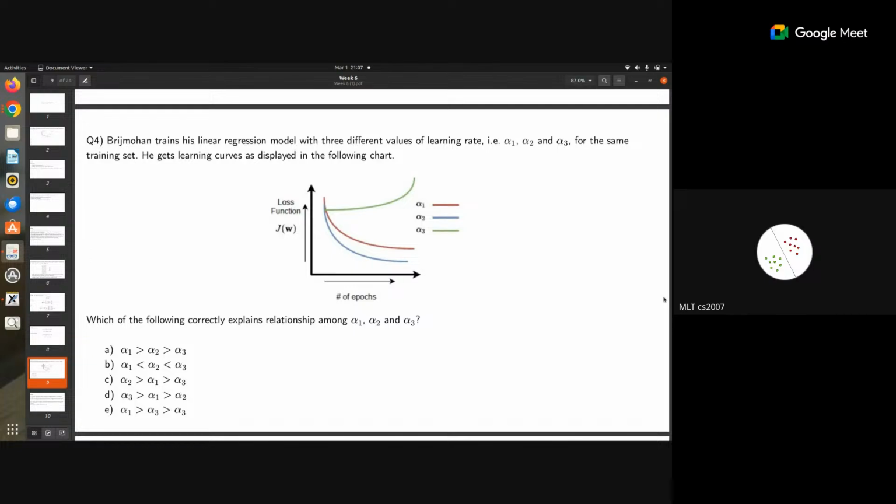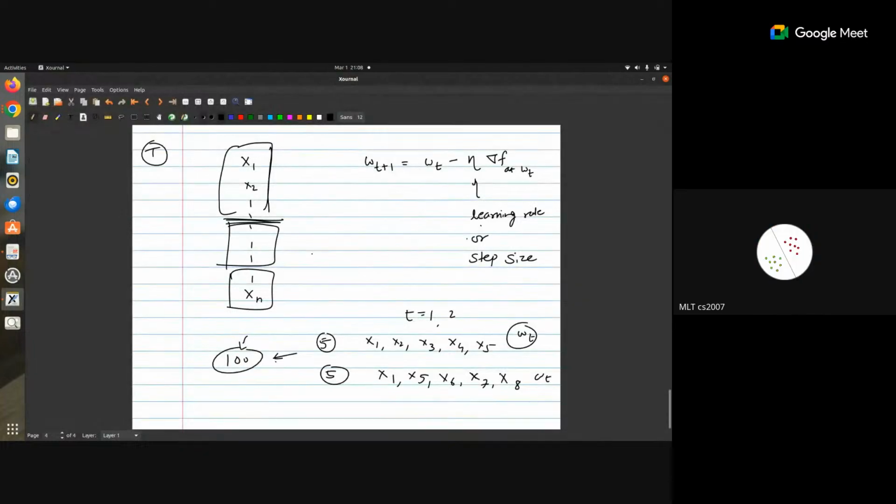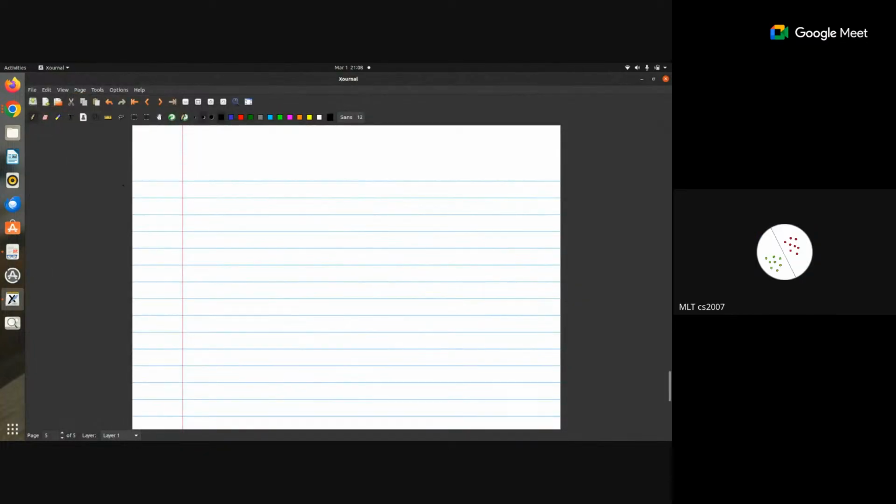Okay. Now tell me the relation between these. So alpha 3 will be the biggest. Alpha 3 will be higher. We get the maximum learning in the blue one, right? Because the loss function is less. So what is the relation here between the learning?